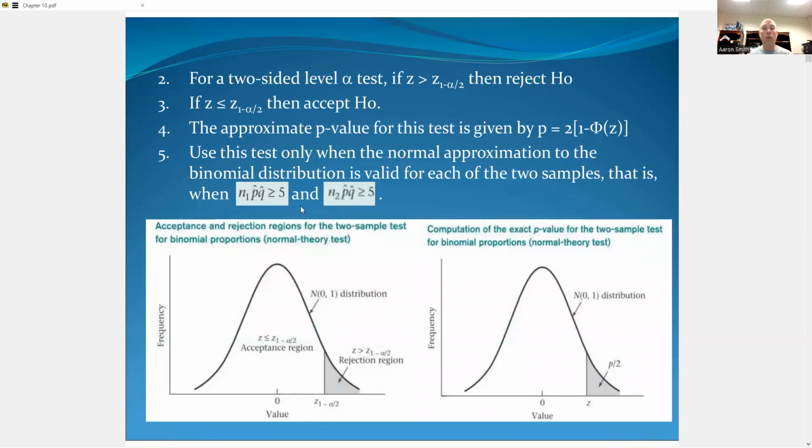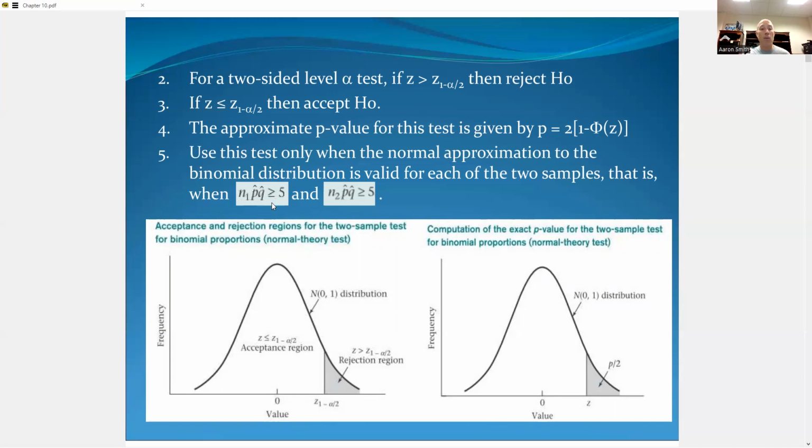And so one thing about this is, when do I have enough samples? Well, here's the one criterion. Different textbooks will change these numbers slightly, but 5 is pretty typical. For each population that we're sampling from, we want the number of observations times the overall success rate times the overall failure rate to be greater than or equal to 5.